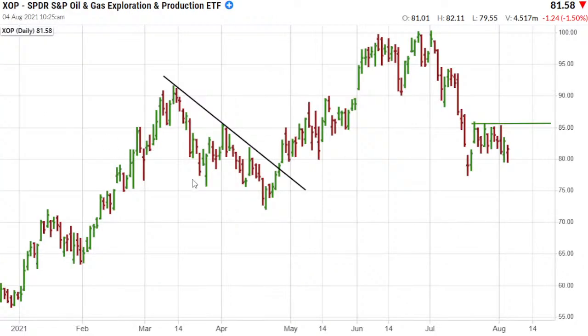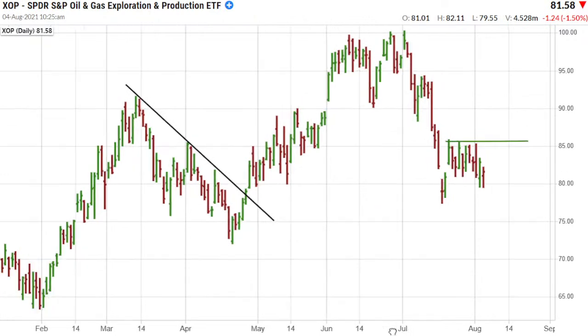So basically, right now you're going to need a close over 85.50 to trigger this in. Now, depending on what the ETF does in the future, if it consolidates down here at the lower end of the range, this can theoretically drift down a little bit.